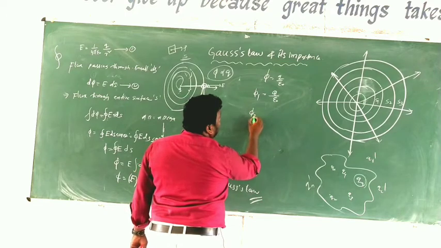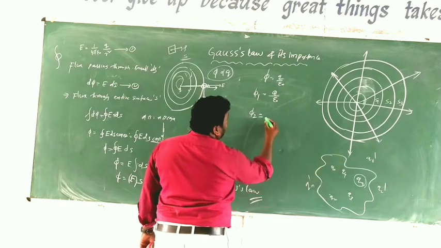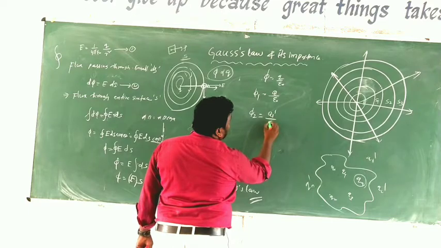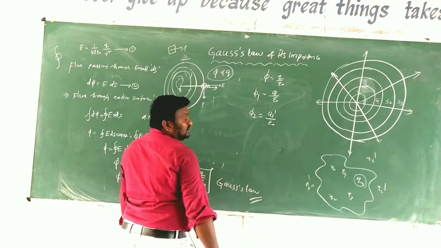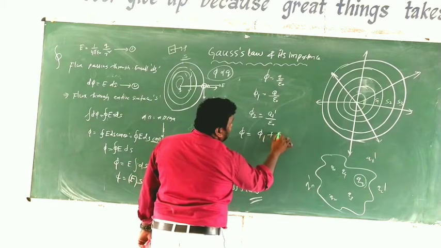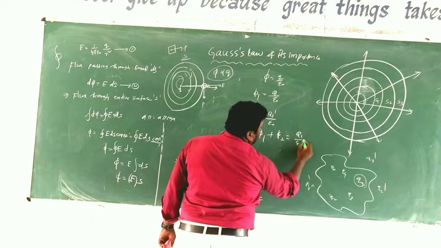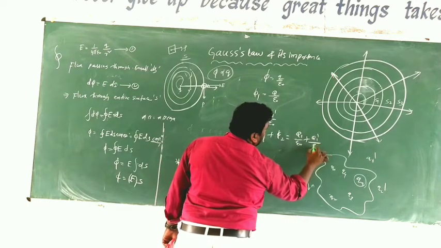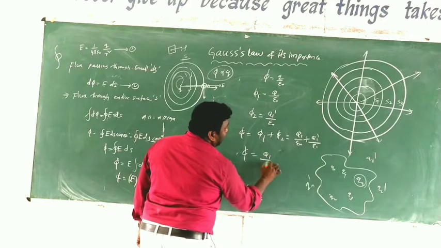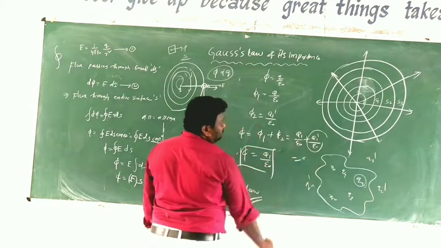Similarly, the flux because of charges which are outside, I write here as Q1 dash by epsilon naught. Now the total flux can be written as phi 1 plus phi 2. That is Q1 by epsilon naught plus Q1 dash by epsilon naught. Finally we get Q1 by epsilon naught, which means this value is 0.